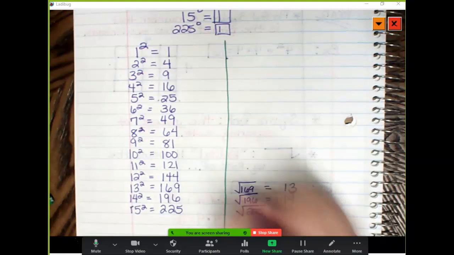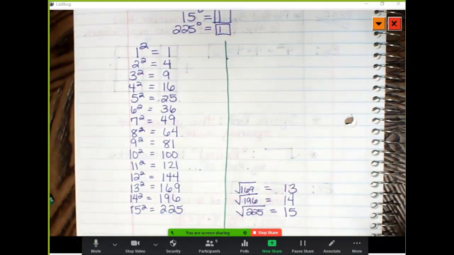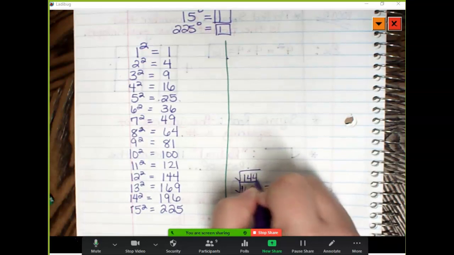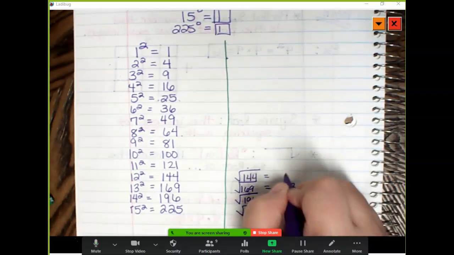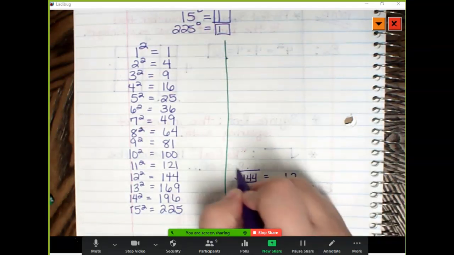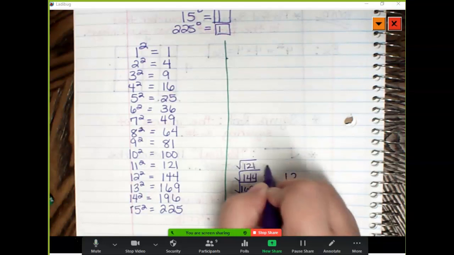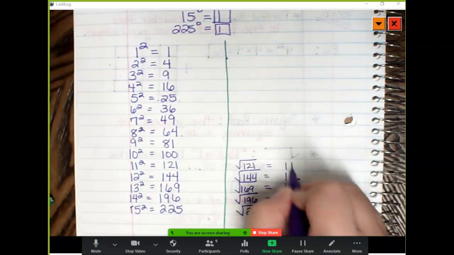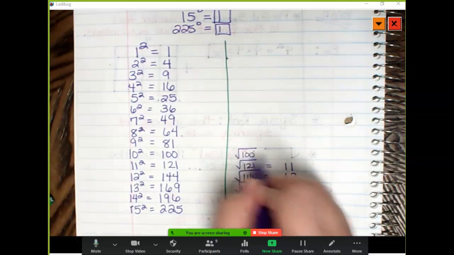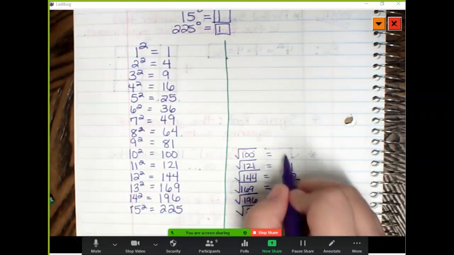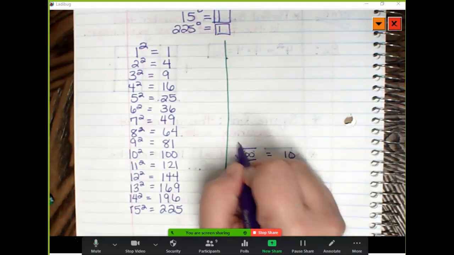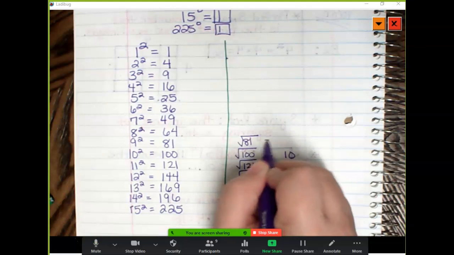And then the rest of them, you kind of already know because you already know the perfect squares. Square root of 144 is 12. Square root of 121, 11. Square root of 100. Are you seeing the pattern here too? Square root of 81.